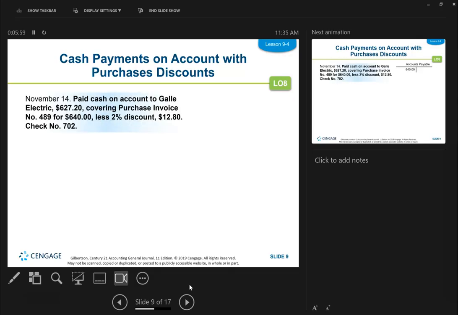So, an example here: paid cash on account to Gall Electric for $627.20, covering purchases invoice number 489 for $640, less the 2% discount, that's $12.80. We use check number 702.